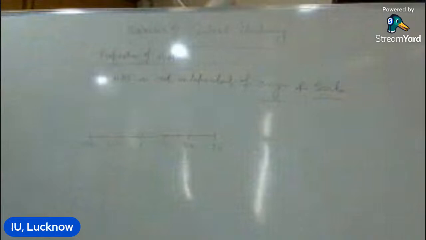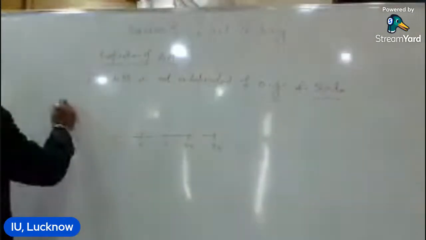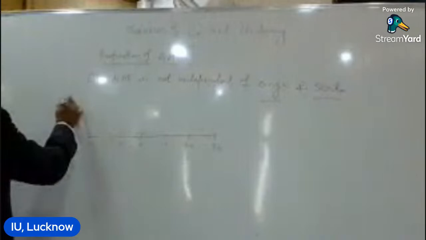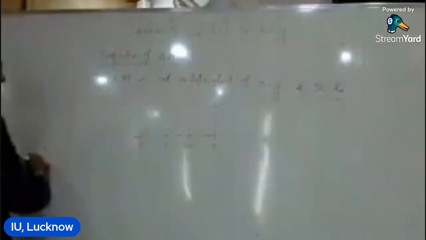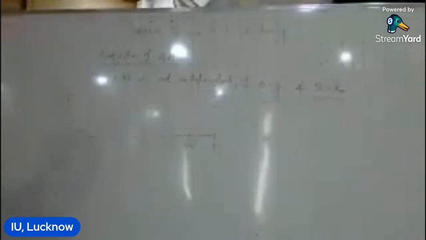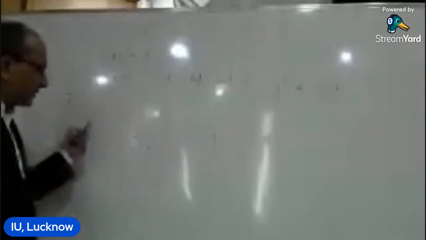Now if we divide by 10, or you can say multiply by 1 by 10, each observation of this set of data, so what will be the next?